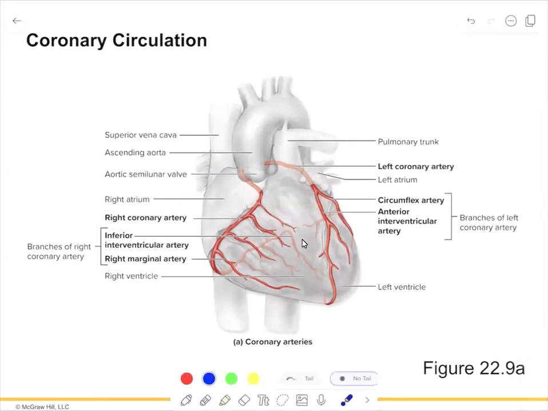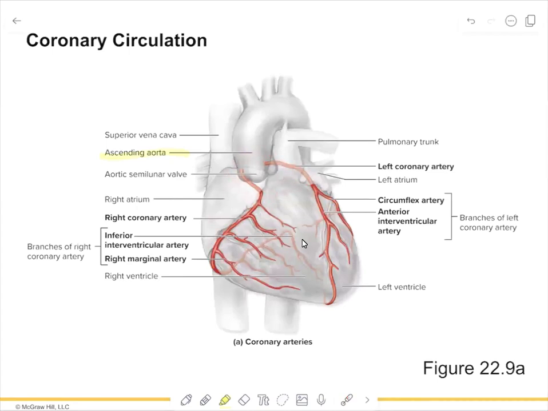So first, you can see the coronary sulcus located directly between the atria and the ventricle, as well as over here between the left atrium and the left ventricle. So coming out of the heart, branching off of the ascending aorta here would be where the coronary arteries begin.